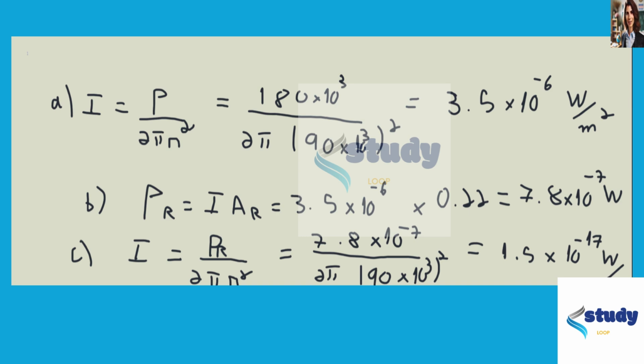Now they want to know the electromagnetic field, so we can find this from the intensity. The electric field amplitude is the square root of 2 c mu 0 times the intensity.